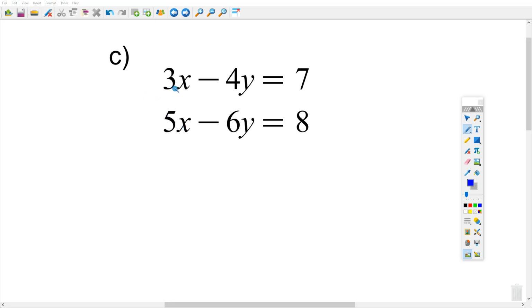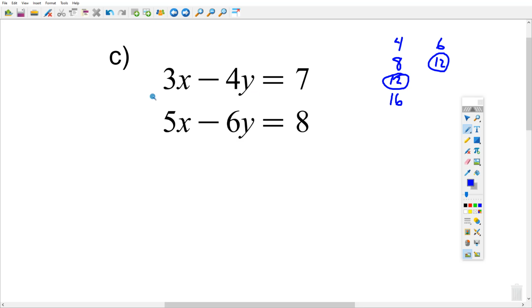I would probably go with x in this case, but we can do the y's just because we did x last time. So if I look at the 4 and the 6, what's my lowest common multiple? I'm thinking about the times table for 4, so 4 times 1, 4 times 2, 4 times 3, 4 times 4, and I think we already have one here. So 12 shows up in both the 4 and the 6 times table, so it is the lowest common multiple.